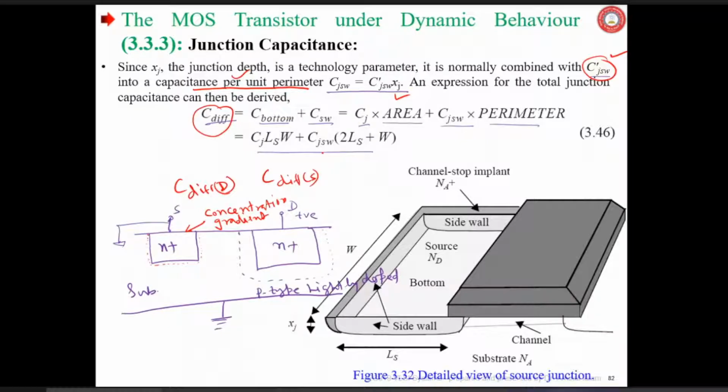We are considering one side only because the other side will be the same. C bottom plate plus C sidewall, so CJ into area plus CJSW into perimeter. This is the final expression of drain diffusion capacitance or source diffusion capacitance.